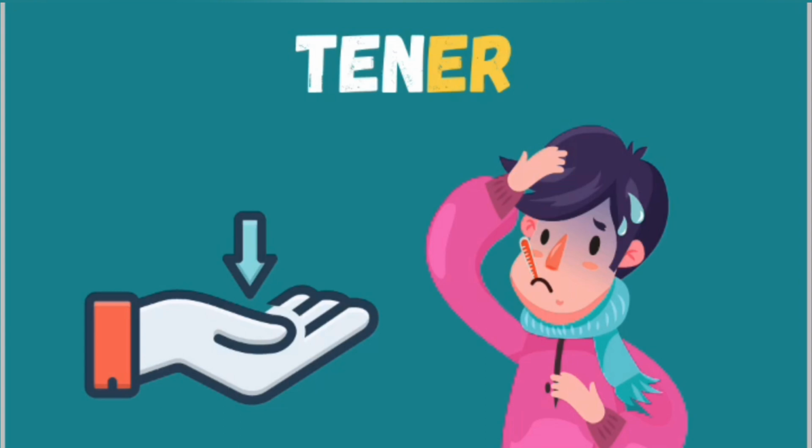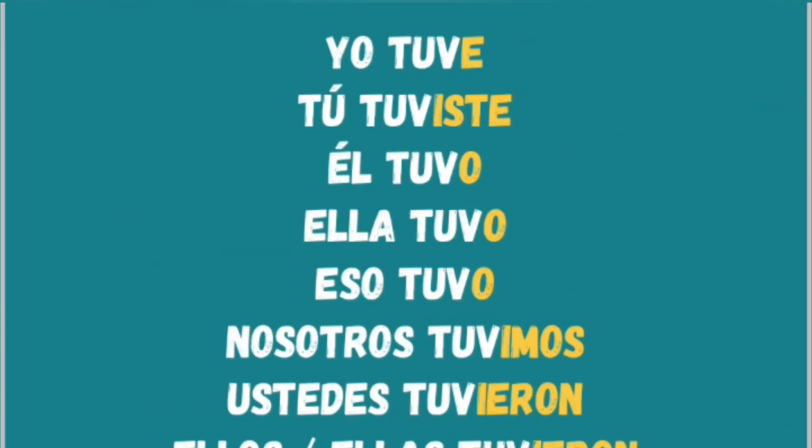Tener, okay, in Spanish. So let's see how we're going to conjugate this verb. See, we have these personal pronouns, and as you can see, the root word is the same, but the ending of the verb is not the same, okay? It's not ending as the regular verbs are ending, okay?